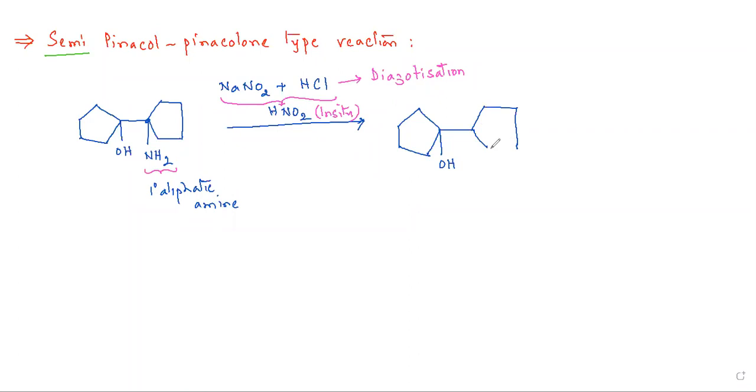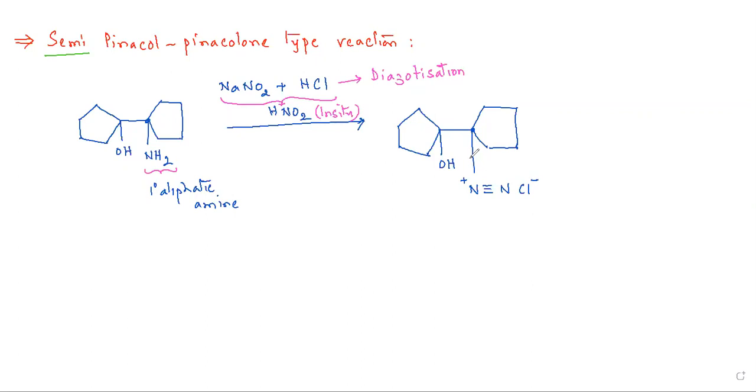Of course, the carbocation will have different possibilities, but here, you know, okay, if suppose you want some more clarity, let me give this way. This will become a diazonium salt.